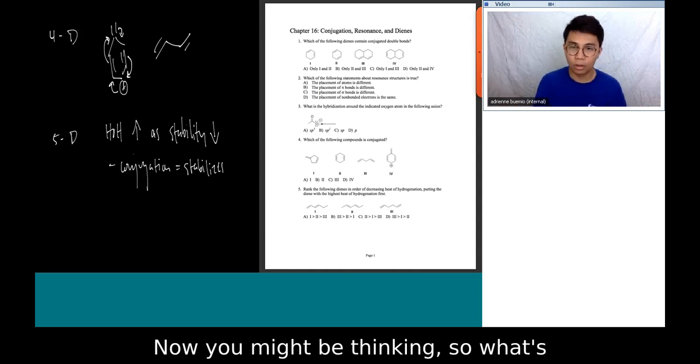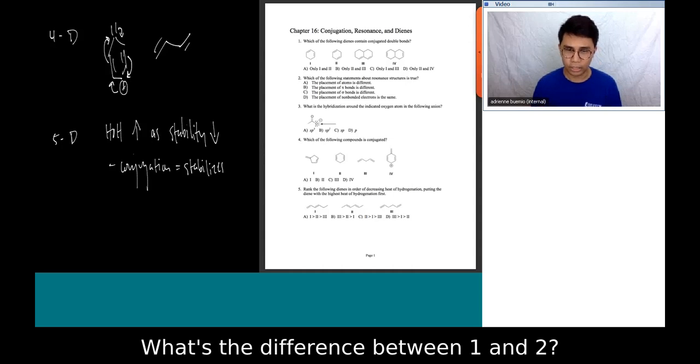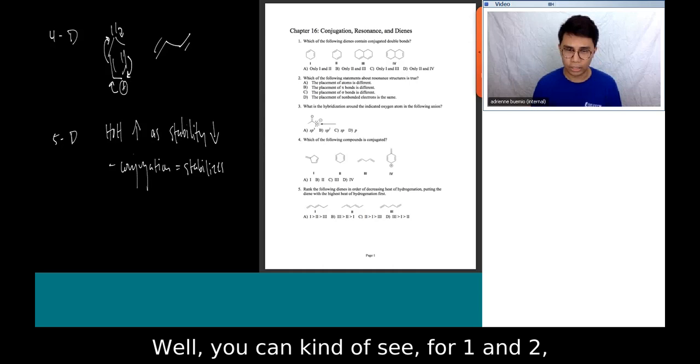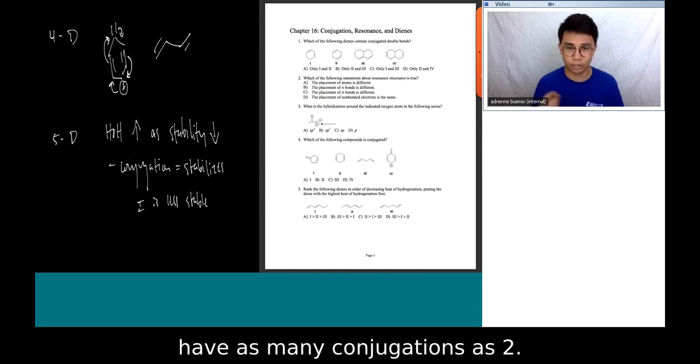Now, you might be thinking, so what's the difference between 1 and 2, right? What's the difference between 1 and 2? Well, you can kind of see for 1 and 2, 1 is less stable because it doesn't have as much conjugation as 2, right?